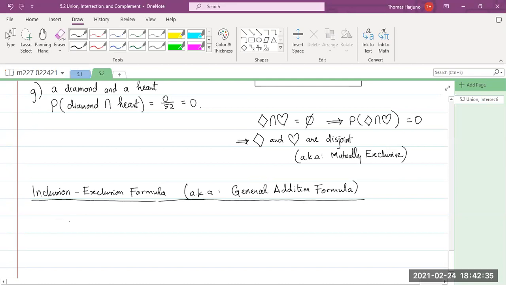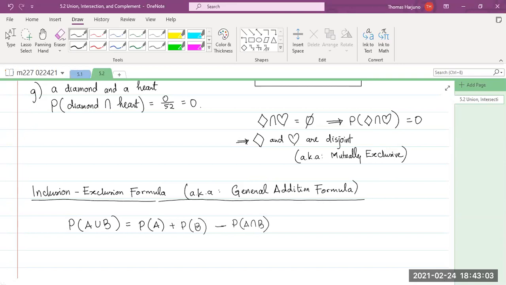Now the formula says the following: the probability of the union of two sets is equal to the probability of one event plus the probability of the other event minus the probability of the intersection. Okay, the probability of the union equals the probability of A plus the probability of B minus the probability of the intersection.